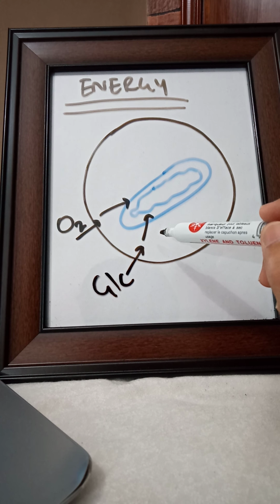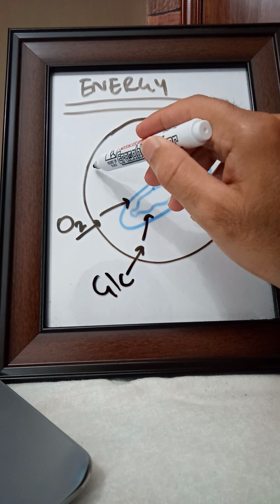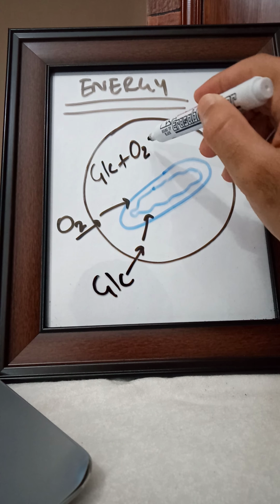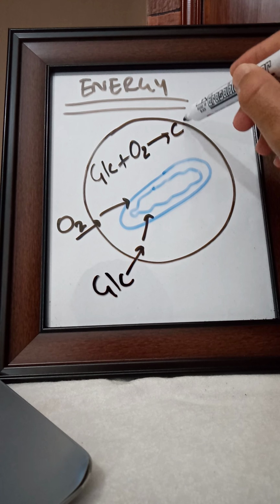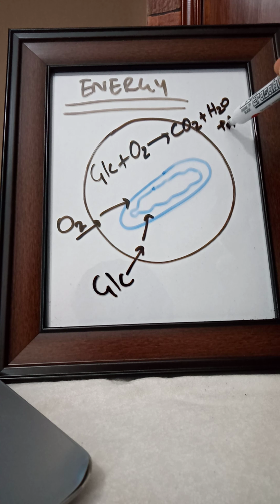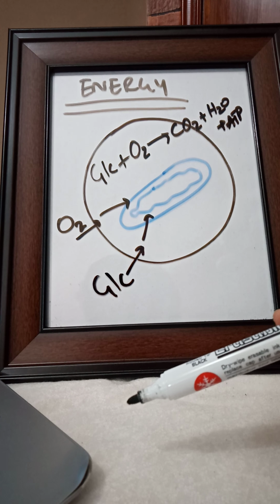But the purpose of burning glucose is not just to produce carbon dioxide and water; alongside they produce energy, which is ATP. So you can write the equation this way: glucose plus oxygen gives you carbon dioxide plus water plus ATP. This chemical reaction is happening inside the mitochondria, and it's a very important function.